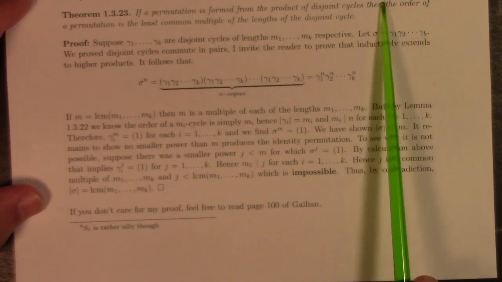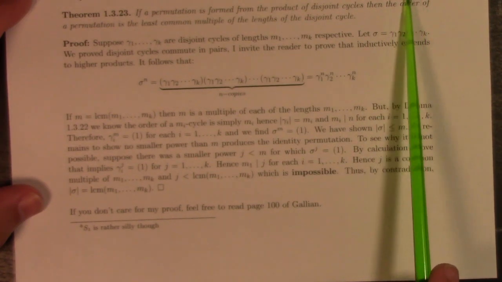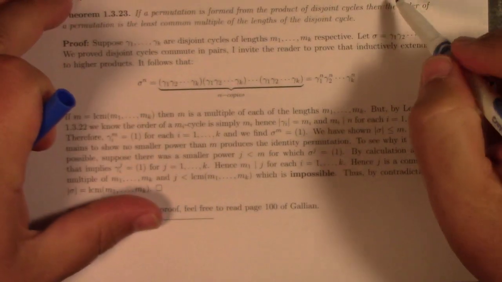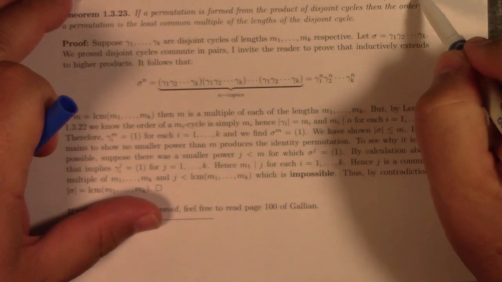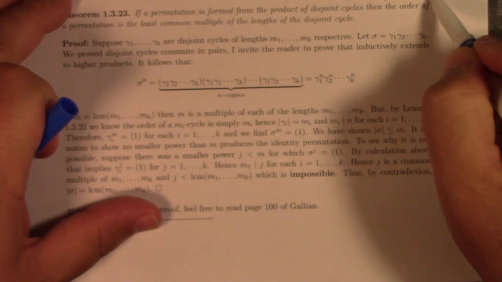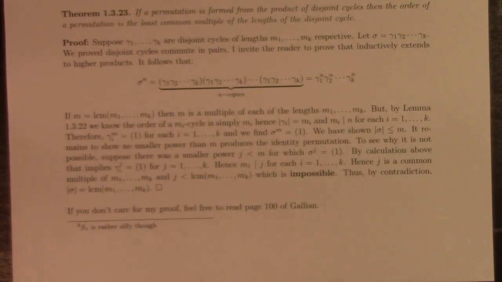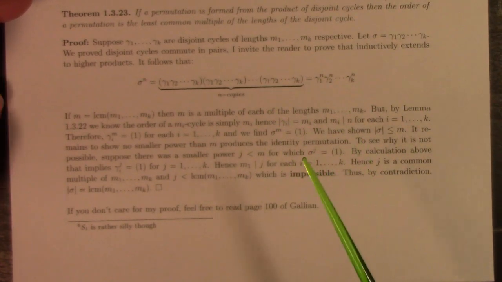By the way, what order means is, if you take the permutation alpha, and alpha to the r is equal to the identity, and that's the first r for which that happens, no smaller power does it, then alpha is said to have order r, all right?